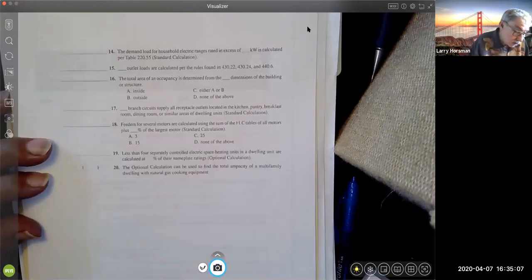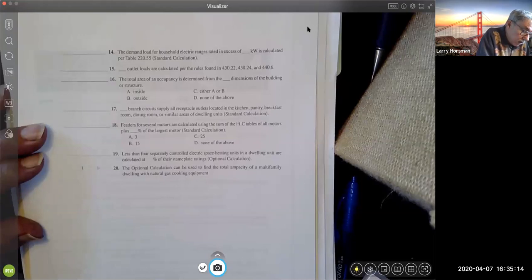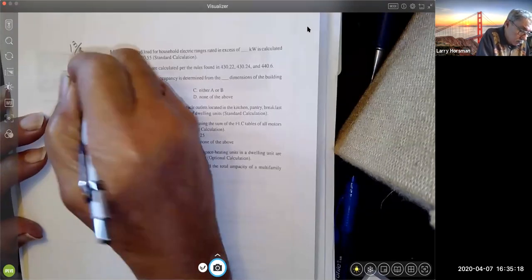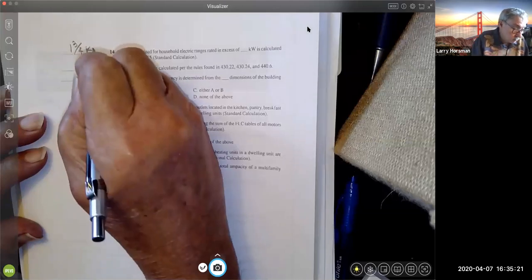The demand load for household electric ranges rated in excess of 1 3/4 kilowatts. So how much is that?